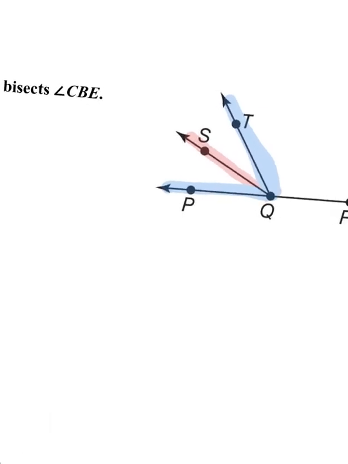So that whole thing right here is equal to 60. That means that each piece is equal to 30. So it told us that PQS. So is PQS the whole thing, or was it half of the 60? So PQS is half. So I'm going to set it equal to 30.